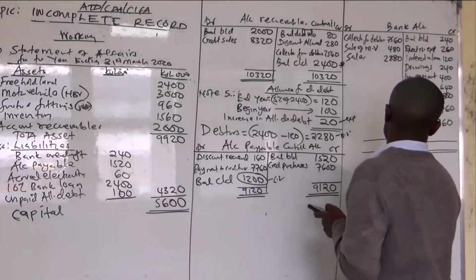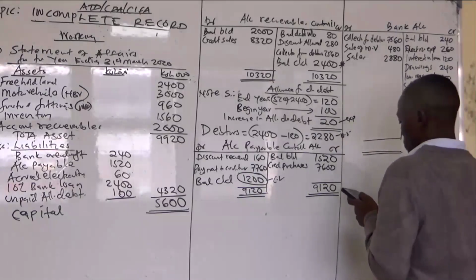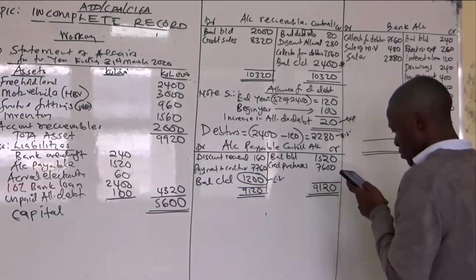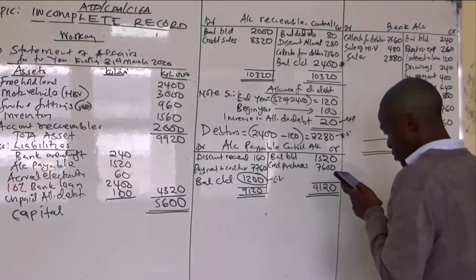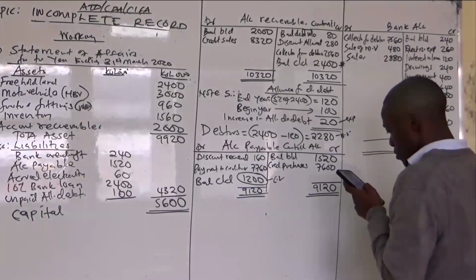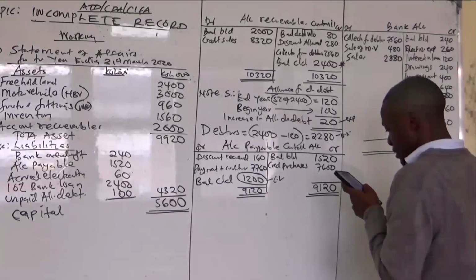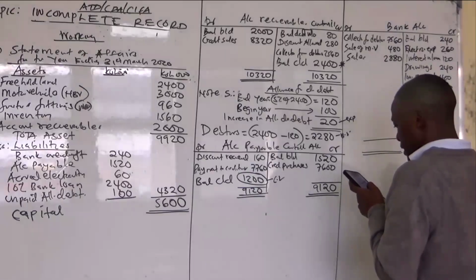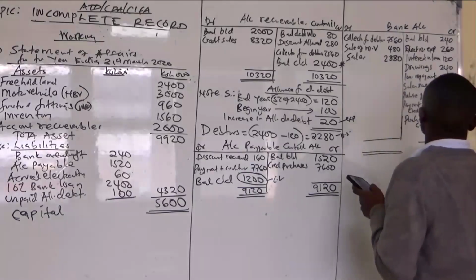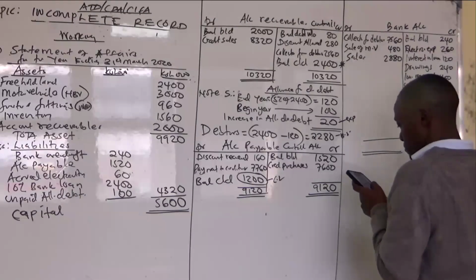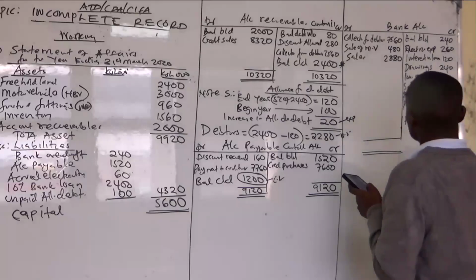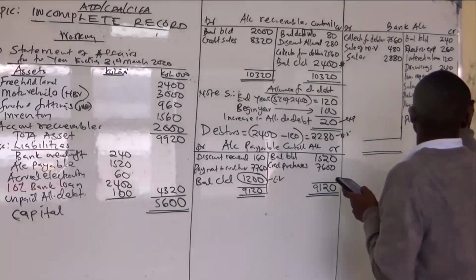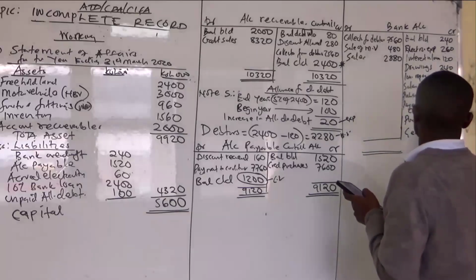Hiyo general expense to add General expense ya 140. Hapo chini ya electricity. Oh, hiyo tunaweka. General expense. Oh, ndio nili interchange na drawing. Oh, general expense. Expense ni 140.